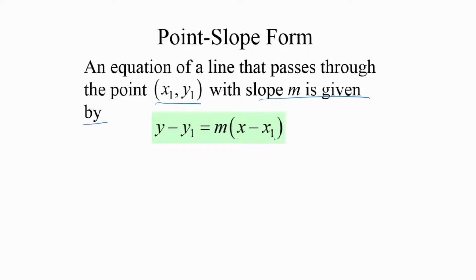That is the formula. So it shows that if you know the slope and you know the coordinates of one point, that is x1 and y1, you can come up with the equation of a line. Okay? Equation of a line.